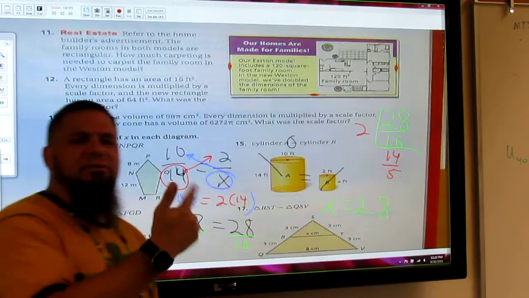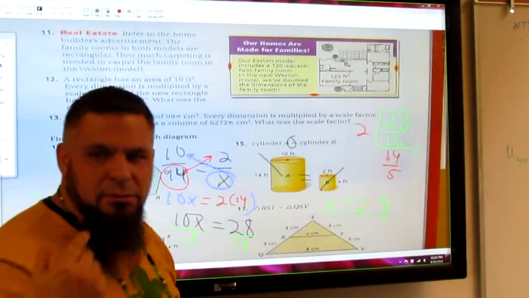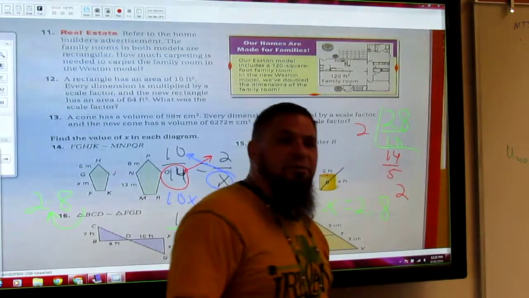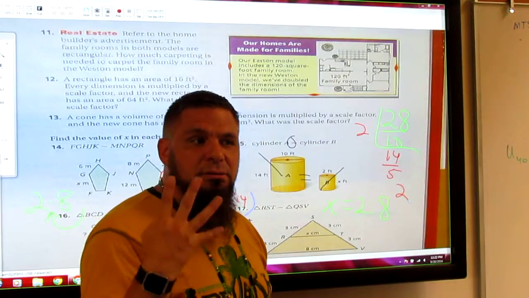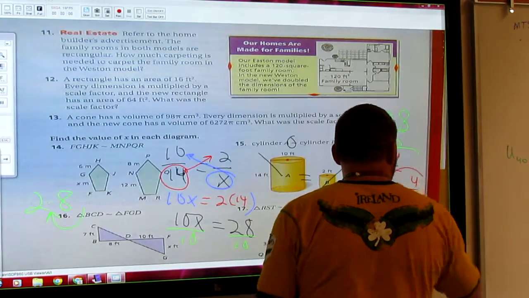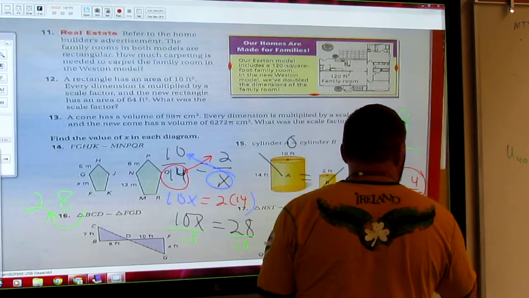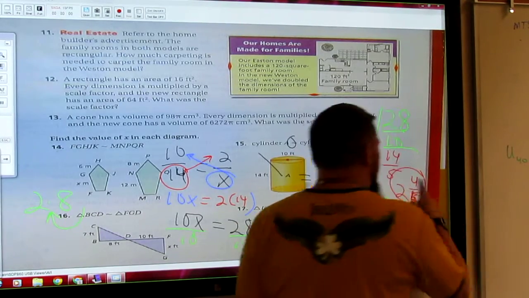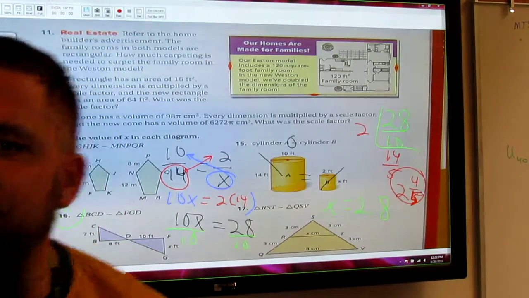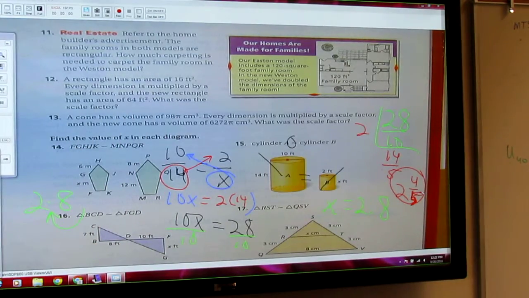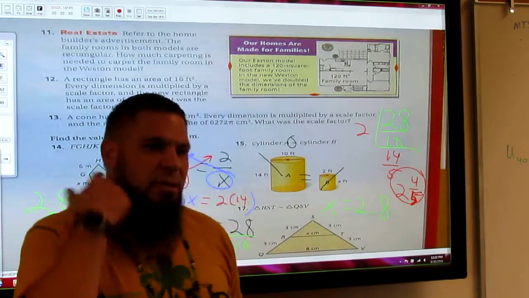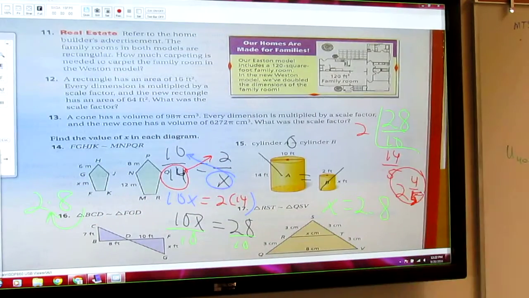How many times is 5 going into 14? 2, with 4 left over the 5. Is 4/5 the same as 0.8? Yeah, because 4/5 is 8/10, which is 0.8.